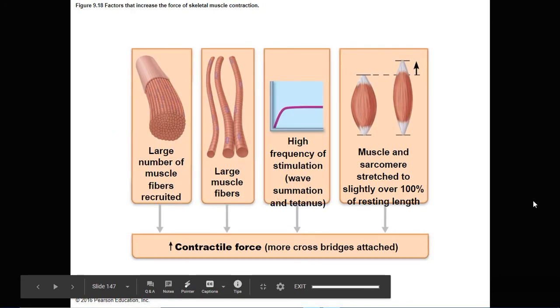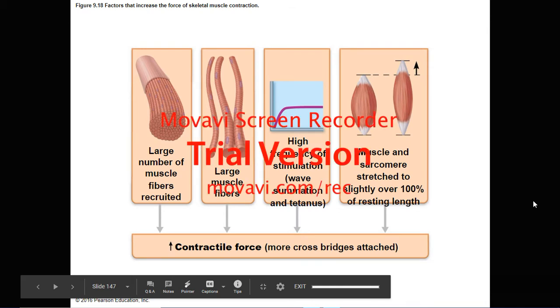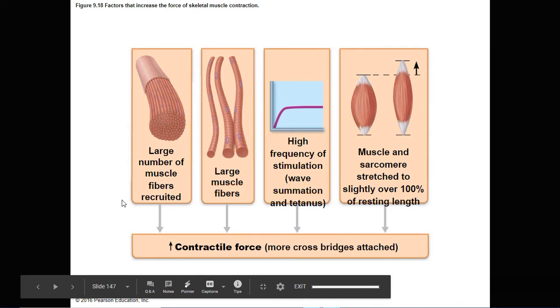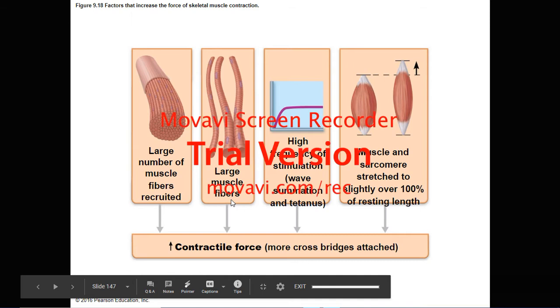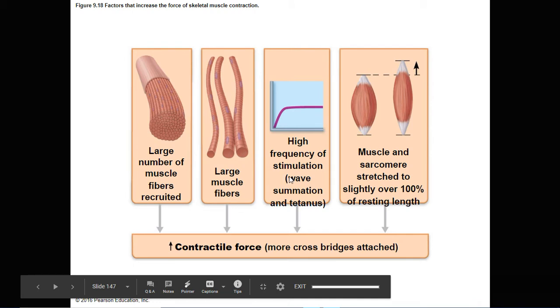So this figure is just showing you a picture of what we went through talking about from the previous two slides. If you recruit a large number of muscle fibers, that's going to increase the force of muscle contraction. If you have large muscle fibers, the larger the muscle, the greater the force of contraction it can generate.